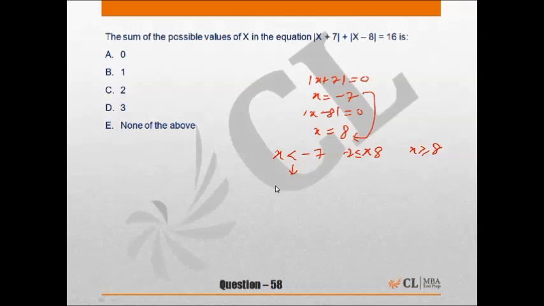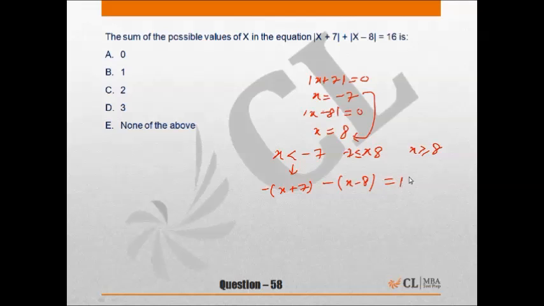In this case, mod of x plus 7 will be equal to minus x plus 7, and mod of x minus 8 will be equal to minus x minus 8.